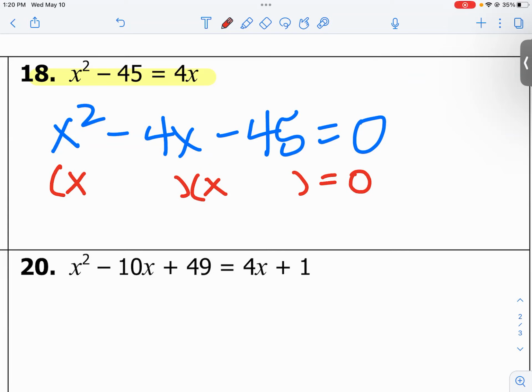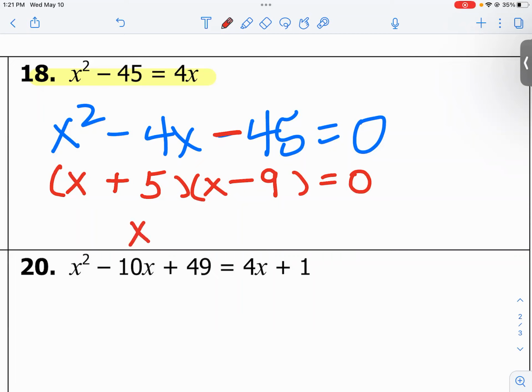So let's think of some numbers that multiply to 45. It's divisible by 5, right? 5 and 9. If we have 5 and 9, one of them needs to be negative because of this negative, right? So if we add -9 and +5, what's -9 plus +5? -4. Look at that.